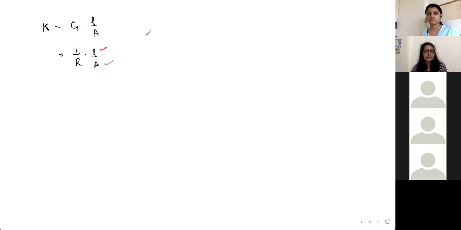Length is the length that the electrons will have to travel. Area of cross section is the area available for them to travel. And once you calculate the resistance, put it in the formula and you can get the conductivity, right? So these are the things we need to fix.